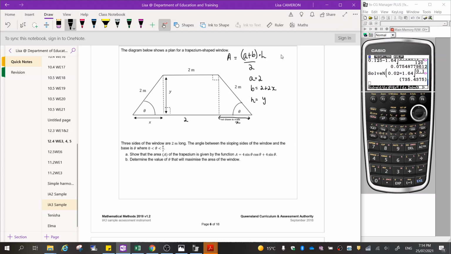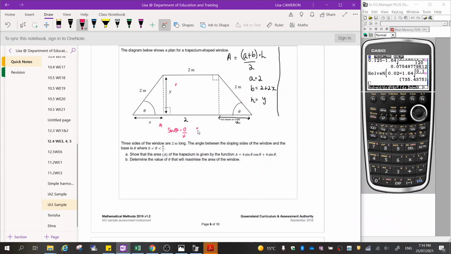Okay, so I'm going to start by substituting these back in. Actually, before we do that, we'll talk about this. So if this is theta, this is my opposite, this is my adjacent side. So if I want to work out what Y is, I need to do sine. So it's going to be sine theta equals the opposite over the hypotenuse.